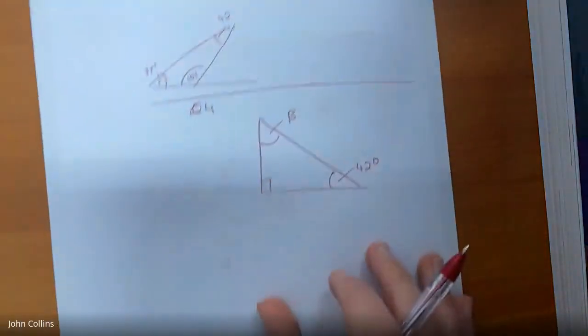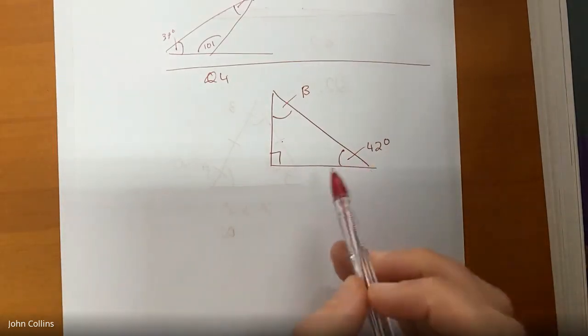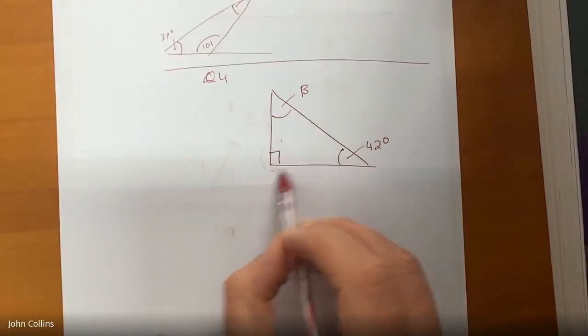I want you to find the angle marked with the B there, or beta. Yes, a lot of people are getting it. So this unmarked angle, that's a 90-degree angle, isn't it?